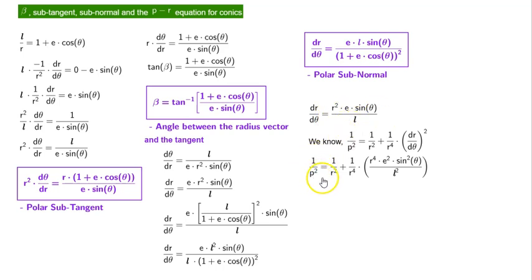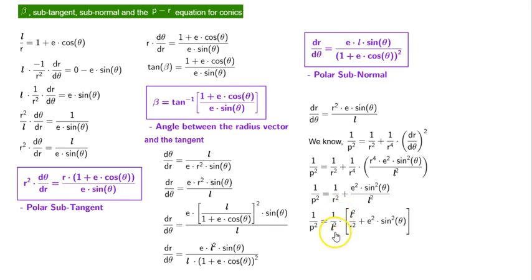We get 1 by p square is equal to 1 by r square plus 1 by r to the power of 4 times r to the power of 4 times e square times sine square theta by L square. Opening up the bracket, r to the power of 4 gets cancelled. We are left with e square times sine square theta by L square.